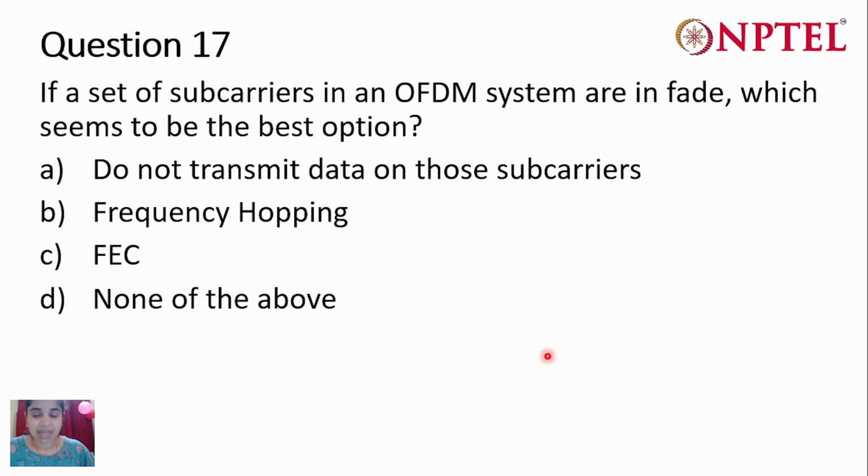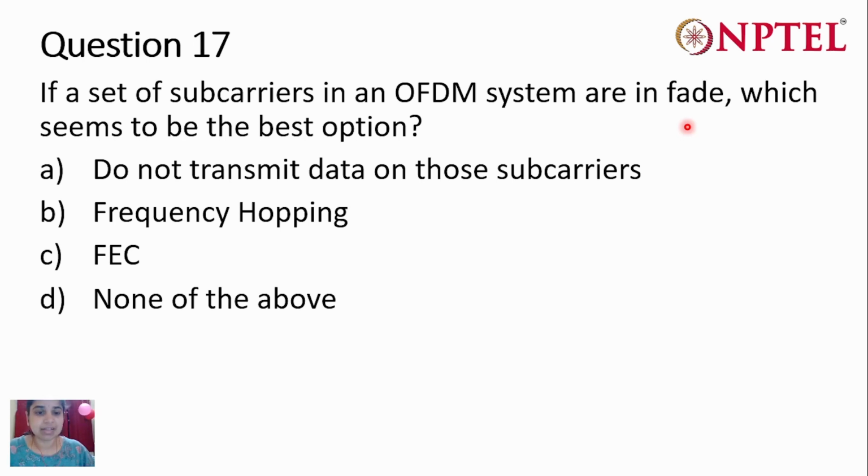If a set of subcarriers in an OFDM system are in fade, which seems to be the best option? Do not transmit on those subcarriers.